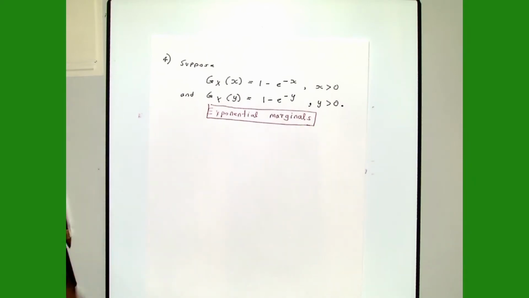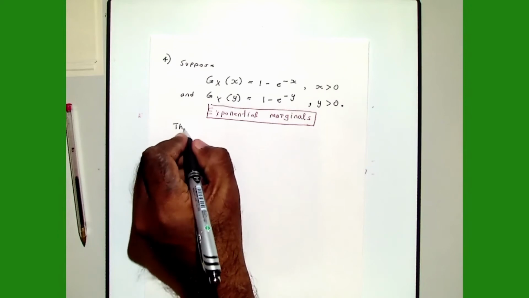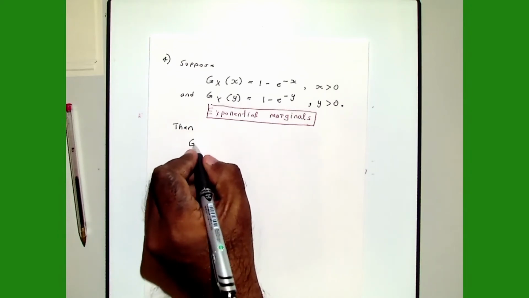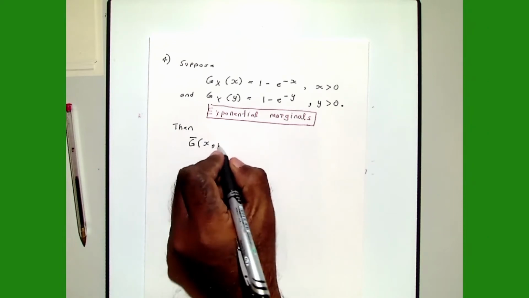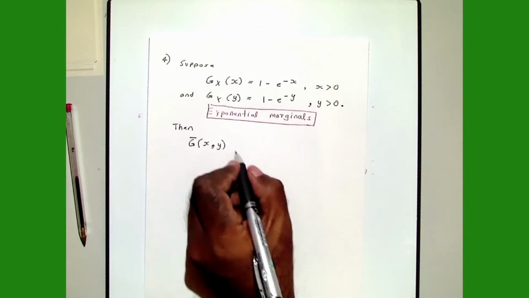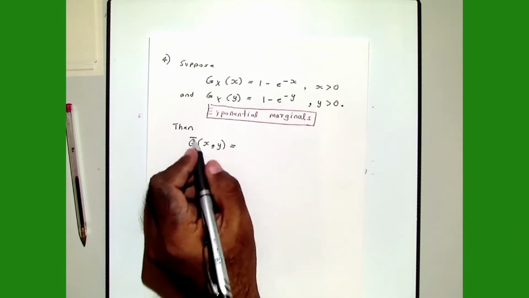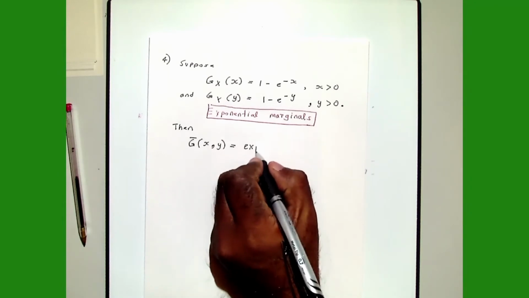Now, given this is the case, then the possible forms for G bar, remember G bar denotes the survival function corresponding to G, right? I talked about this notation earlier in the course. Can be expressed in this form.